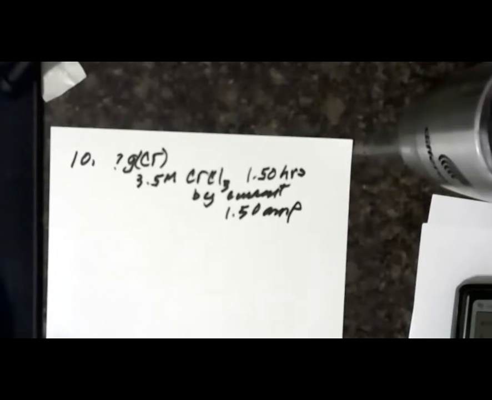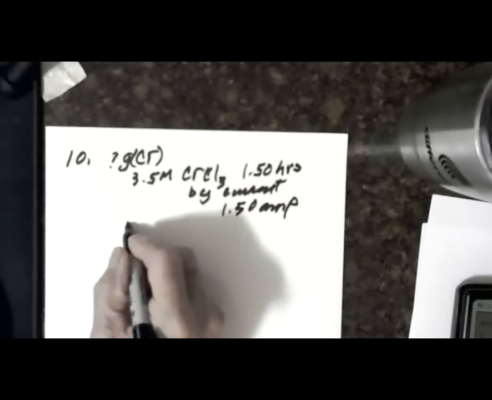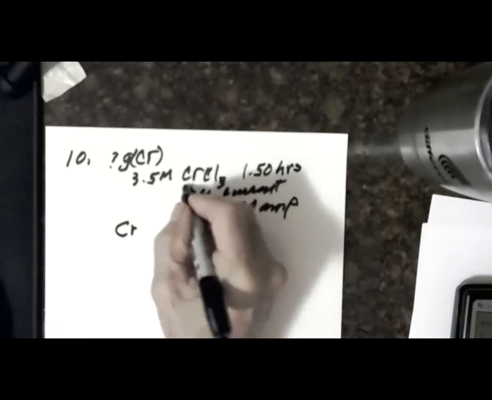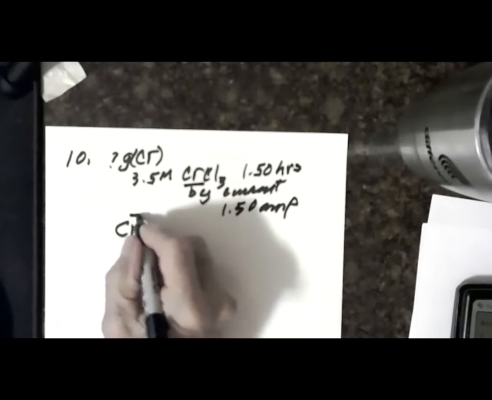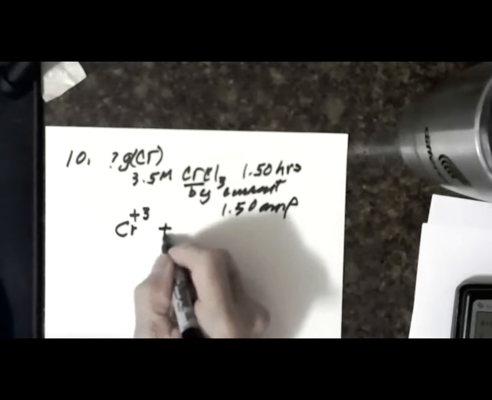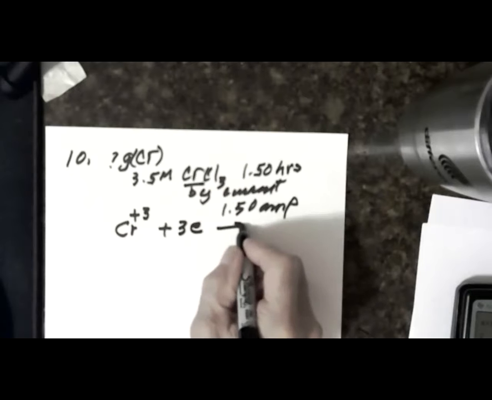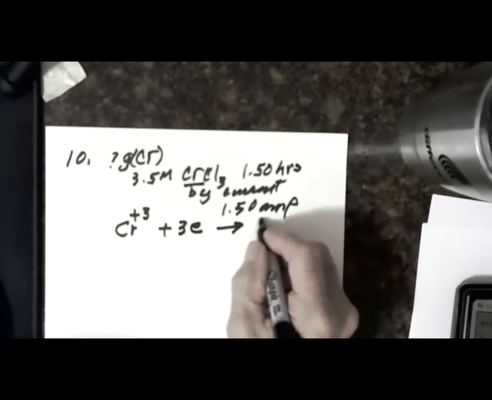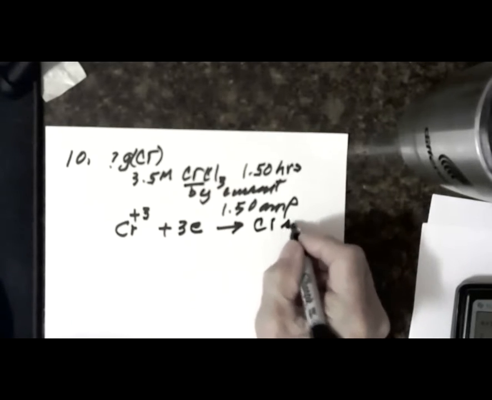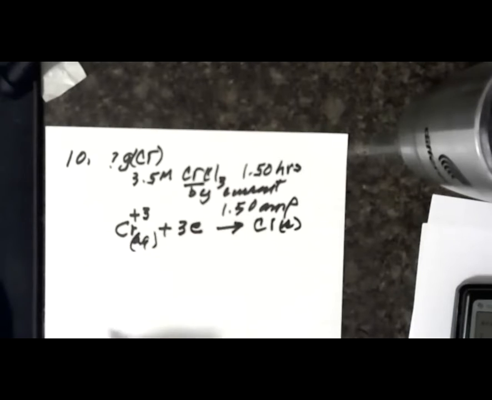Okay, now we're going to take chromium, and in this compound it's +3. We're going to take 3 electrons, 3 moles of electrons, to make chromium solid. Of course, this is aqueous. It'll take 3 moles of electrons.